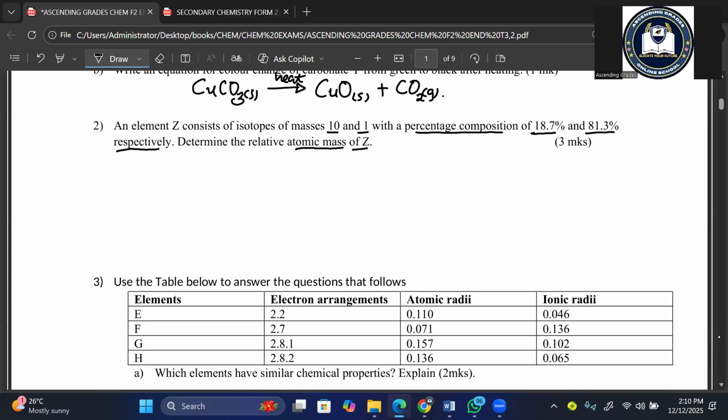So for us to get RAM, we shall pick the mass numbers of the individual isotopes of the element times their respective percentage composition. We get their sum and then we divide by 100.